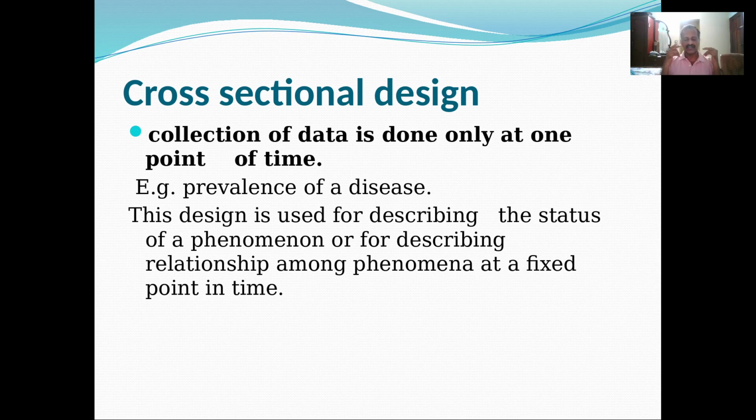Sometimes some persons will close their eyes. But whatever at that particular point of time, you will get the picture. The cross-sectional study is also like a still photograph. What is at that point of time, at that particular plane, that data we will collect. We are not bothered about any progression, only that particular point, and that we call a cross-sectional design.